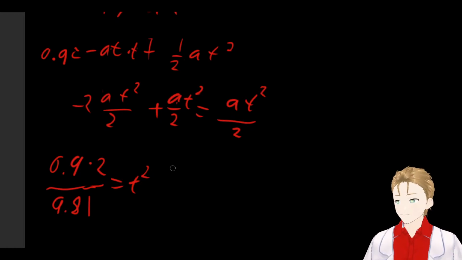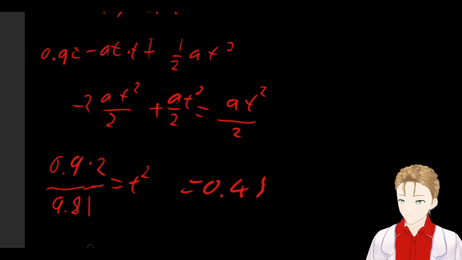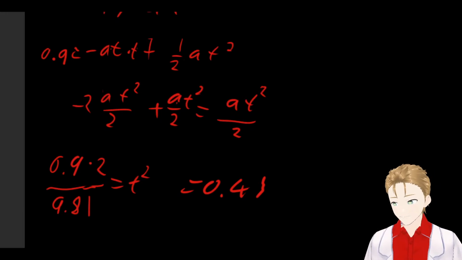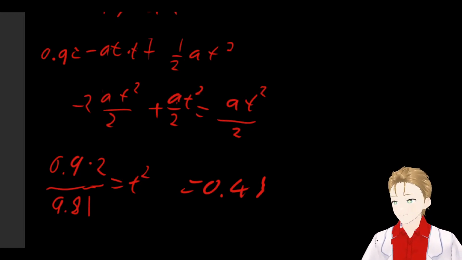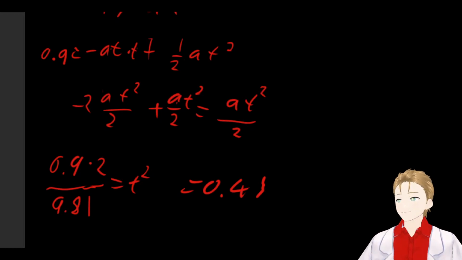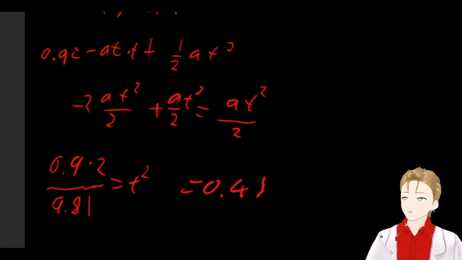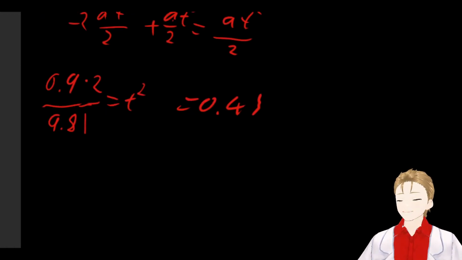Yes, I think that's bigger, 0.43. What is it? Point 9 times 2 divided by 9.1. Square root. Yeah, 4.3.